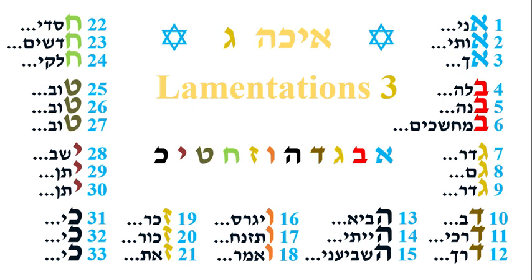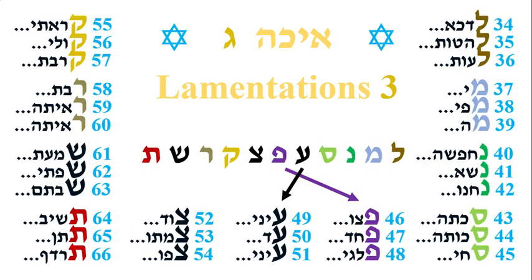He's doing the same acrostic, but he's doing 3 at a time. And there's all the verses up through 33. Here are the verses onward down to 66. And sure enough, look, he's got them backwards. The Pei and the Ayin are switched again. Interesting.